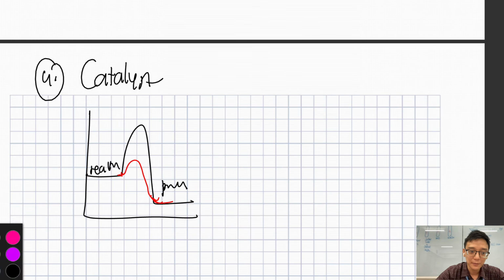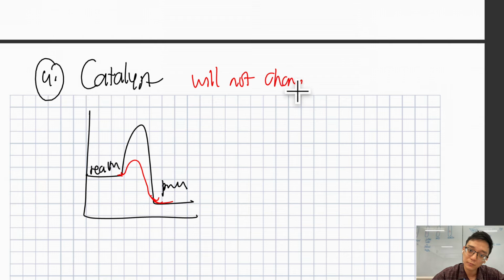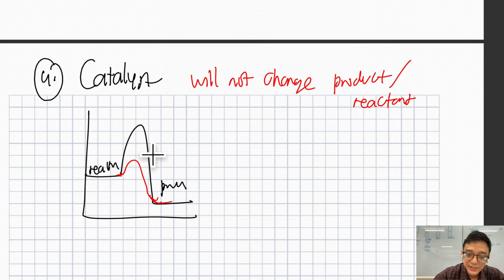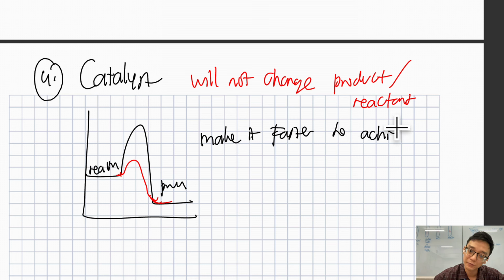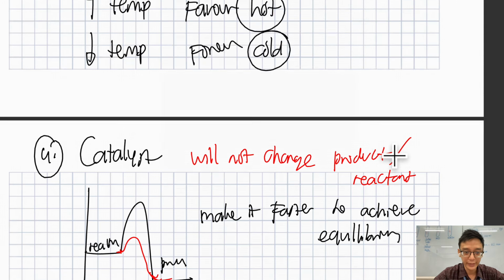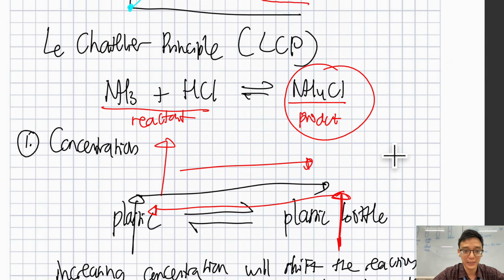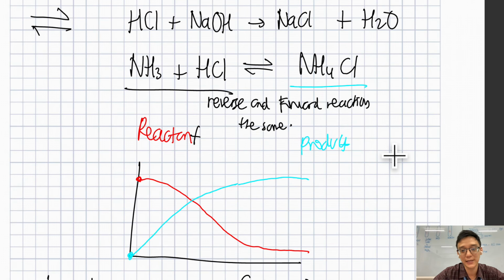But a catalyst will not change the product or reactant at all. It will just change the time required, so it will just make it faster to achieve equilibrium. Okay, so that's it about the Le Chatelier principle and some basic things about equilibrium and reversible reaction.